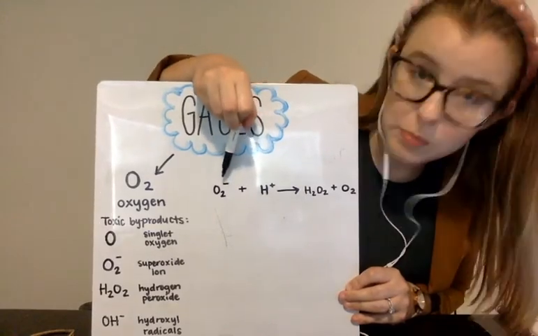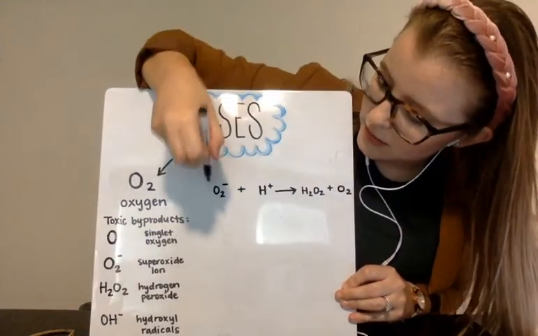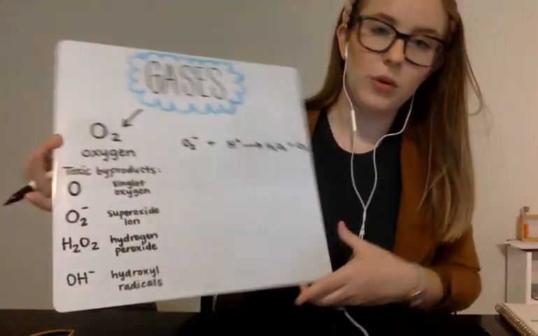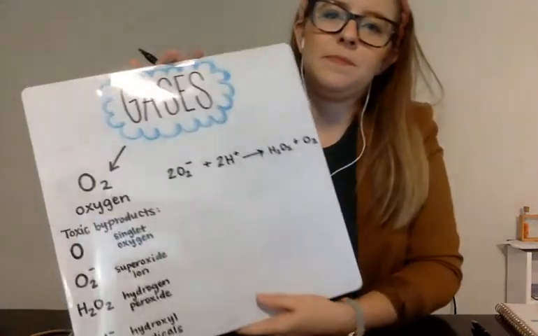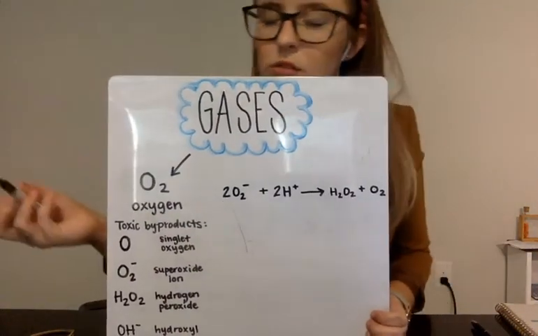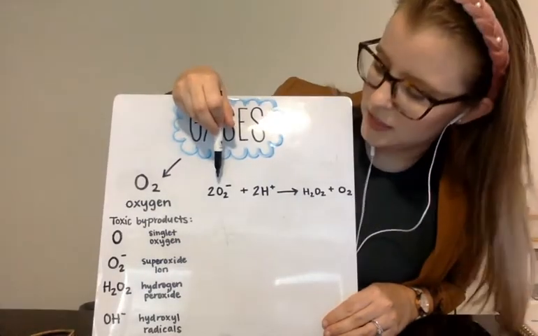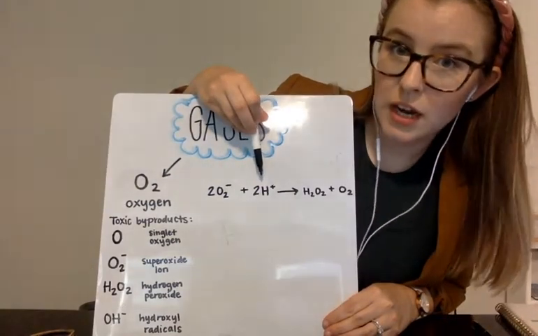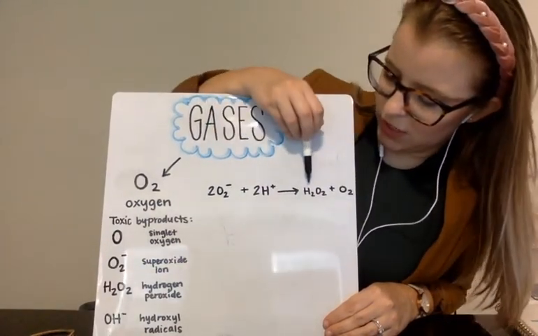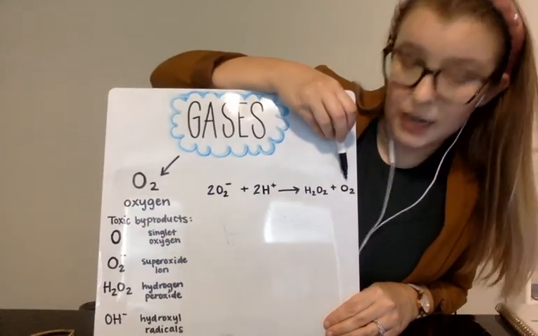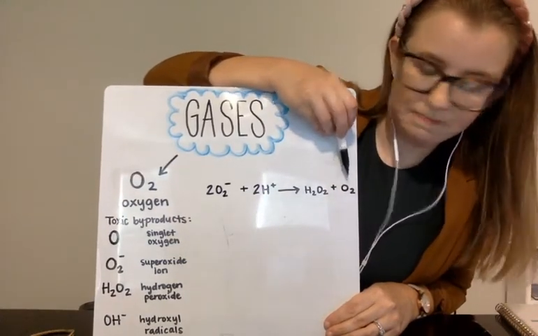Again, we have our superoxide ion, and we're going to balance this equation, which means we have 2 superoxide and 2 hydrogen ions. Now these 2 superoxide ions and 2 hydrogen ions can be converted into hydrogen peroxide and harmless oxygen.